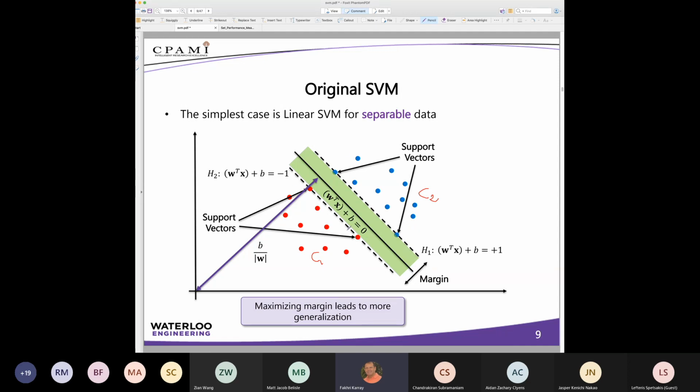That is our ultimate goal. So this could only happen when we are dealing with linearly separable data. We are going to see the case later on when the data are entangled, not linearly separable. Then we are going to utilize what is known as the kernel. But for now, we are going to assume the data is linearly separable.